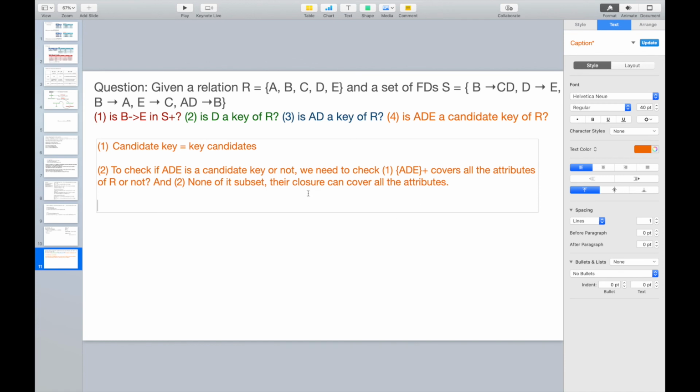Right. Probably we don't need to do the first one because we can already find out one of the subset can serve as a key, right?